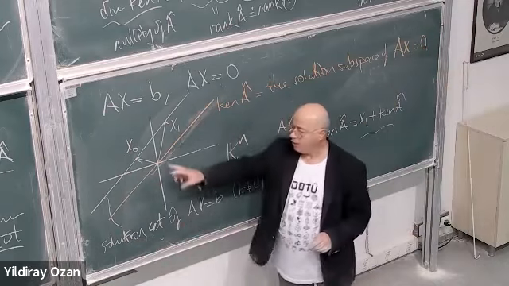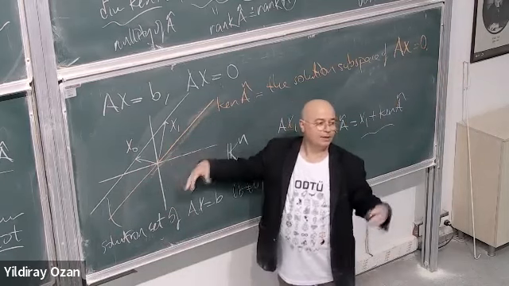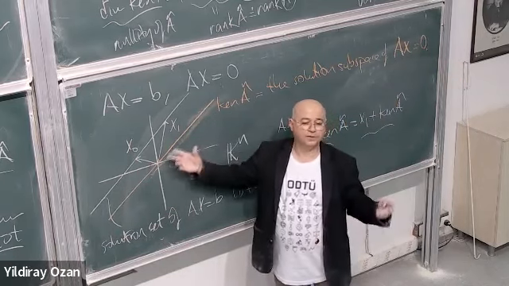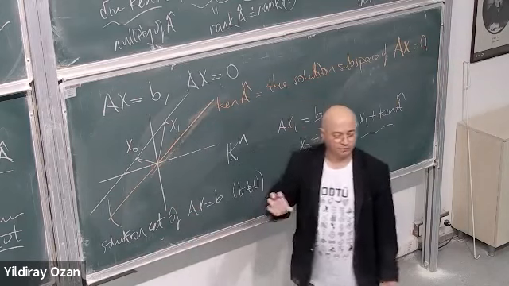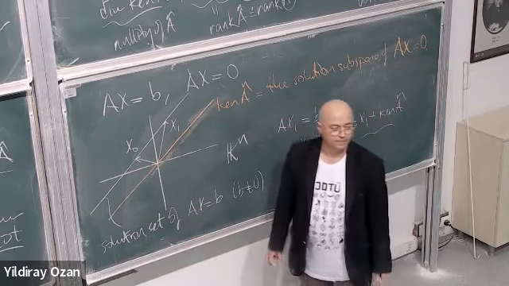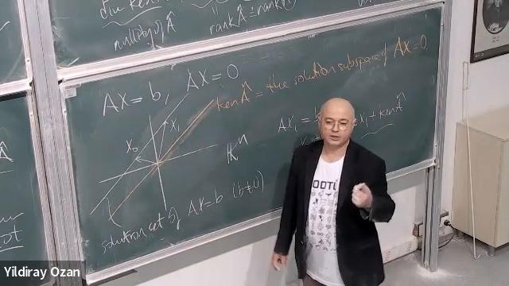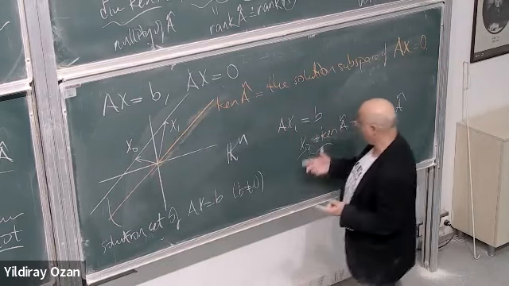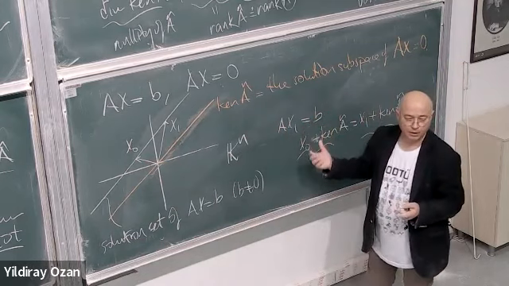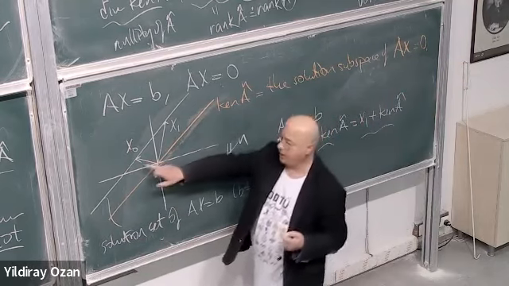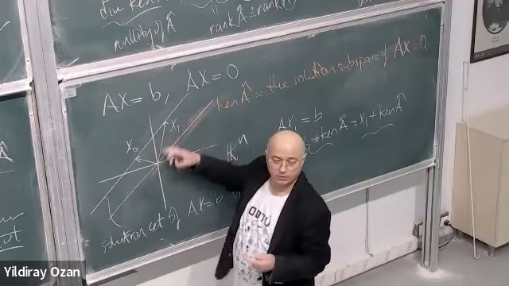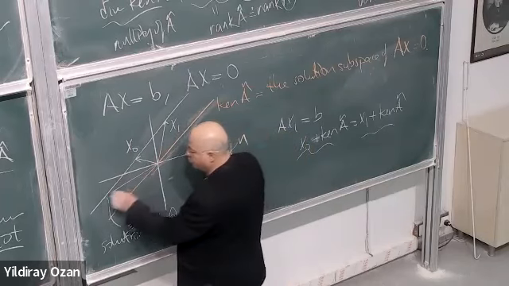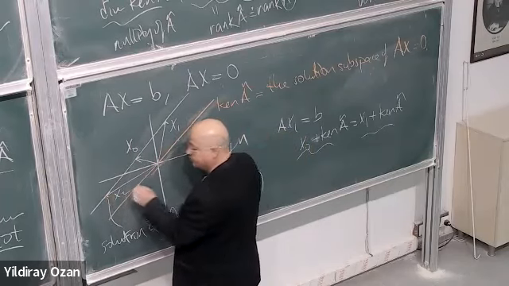Okay, but you may of course pick different representatives, different particular solutions. So particular solution is not unique. Any solution to this equation is a particular solution. I may find this one, you may choose this one. Somebody else may choose this one.